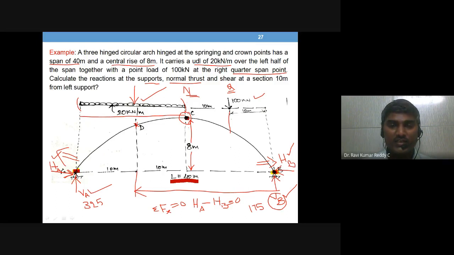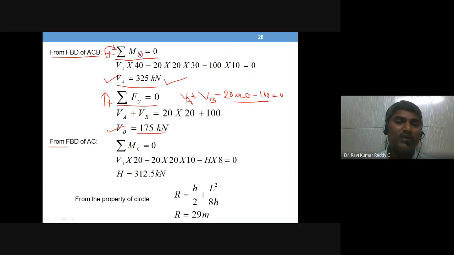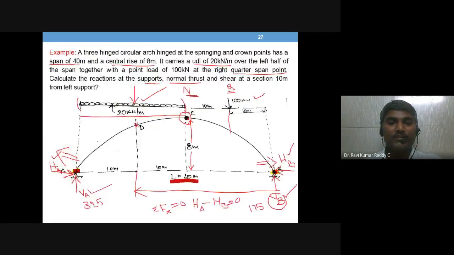So take a section at C, take either the left part or the right part, and draw the free body diagram. That is this one. From the free body diagram of portion AC, you may choose any portion, maybe AB or maybe AC. What I have taken is the AC portion.